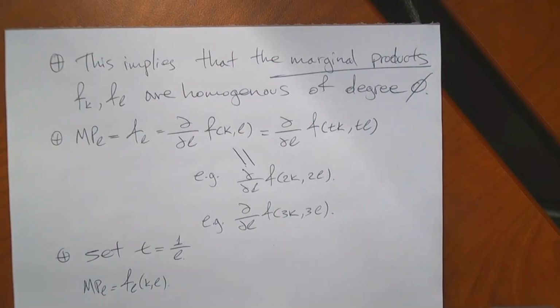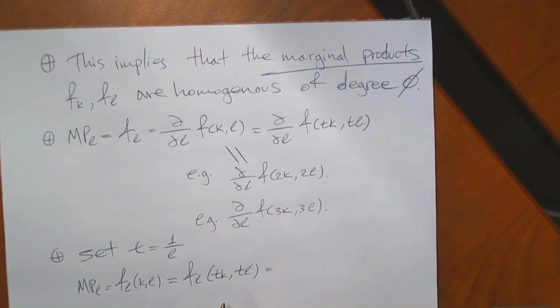So think about the Cobb-Douglas production function. What happens when you take a partial derivative with respect to one of the arguments? It's a function of all of the arguments. So this one is going to be equal to f subscript L, the partial derivative with respect to labor of tK, tL.